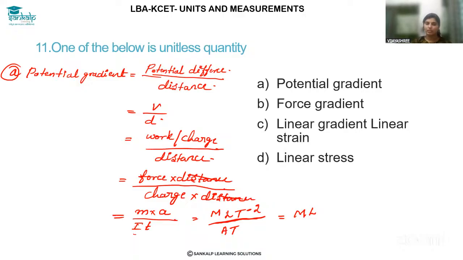T raised to minus 1 into T raised to minus 2 becomes T raised to minus 3. So M L T raised to minus 3 and A.